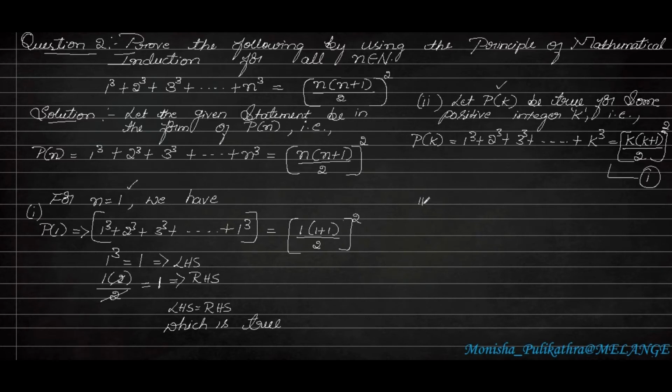In the third step, in the place of k we have to substitute k plus 1. Next, we shall now prove that p of k plus 1 is true.